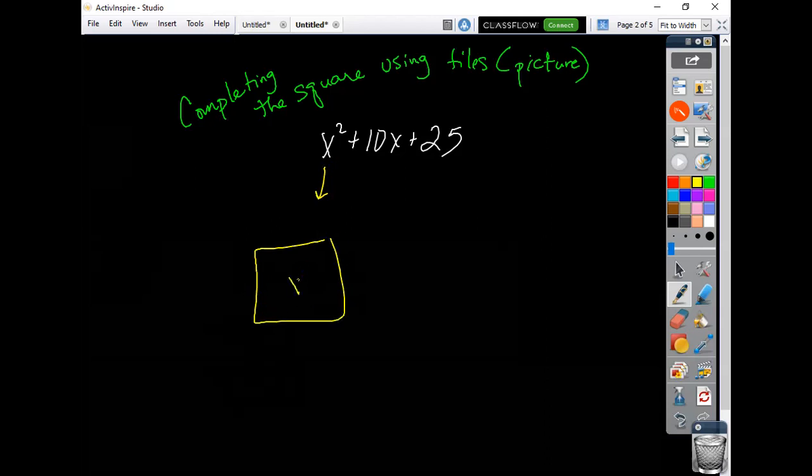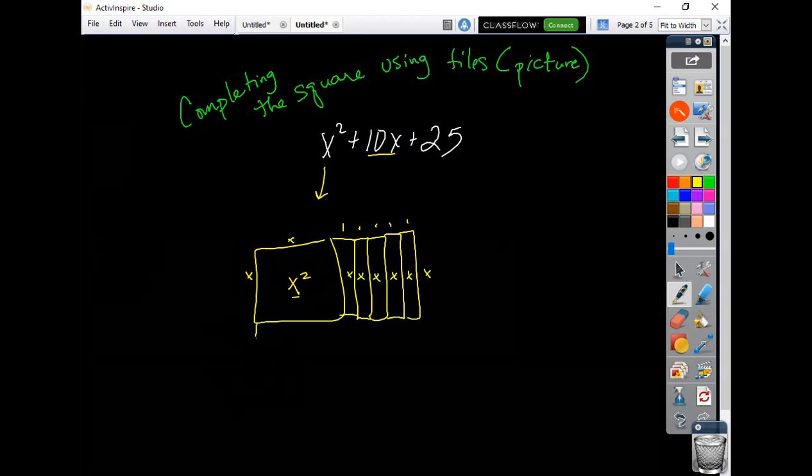So an x squared tile is one that is x by x, so that the area would be x squared, length times width. The 10x's, if you split those up evenly, because overall when we're done we want a perfect square. So this is 1 wide on each of these by x to match this x here. So 1 times x, the area of each of these would be an x.